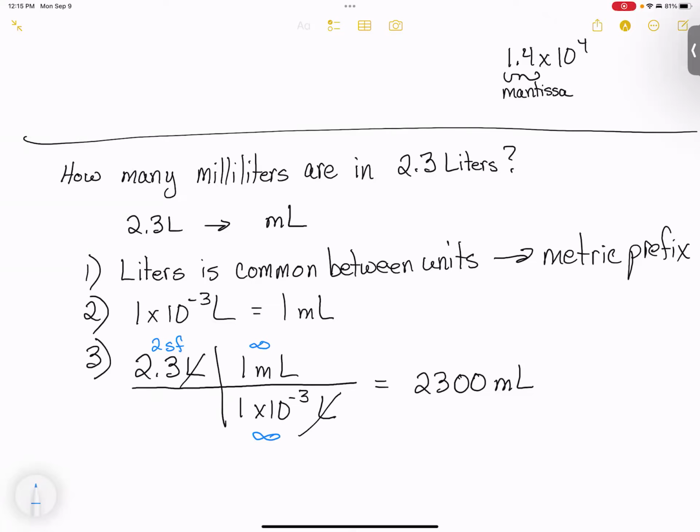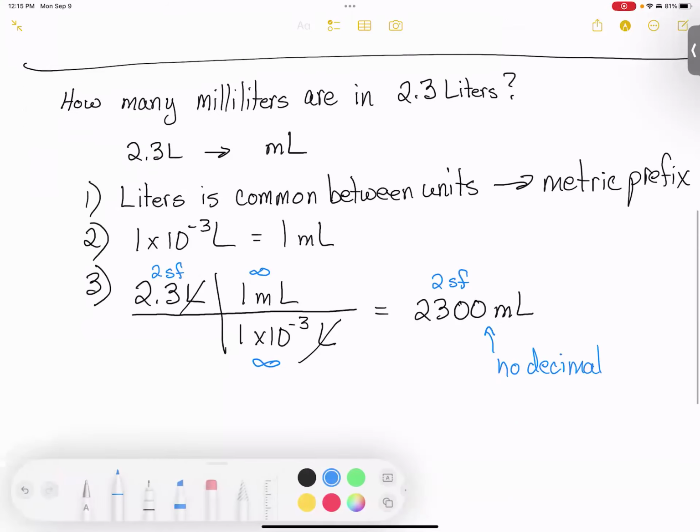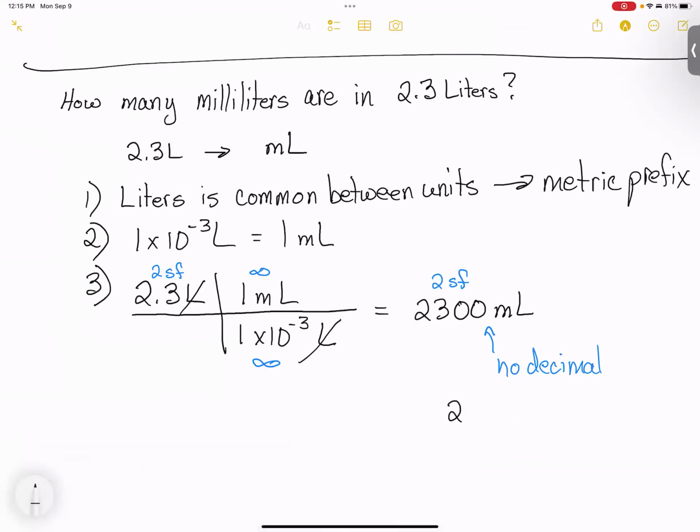The measurement with the fewest would have two significant digits, so 2,300 with no decimal showing is acceptable. Or you can record it as 2.3 times 10 to the third milliliters. And that way you can guarantee everybody understands that there's only two significant digits.